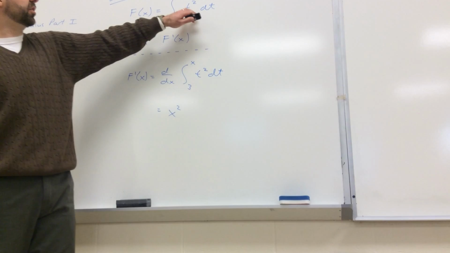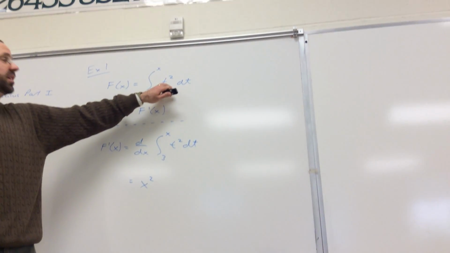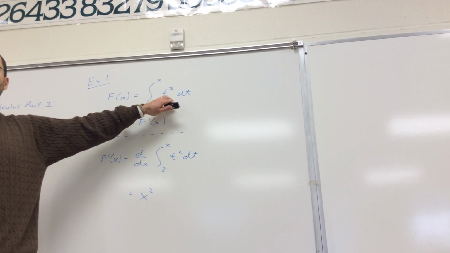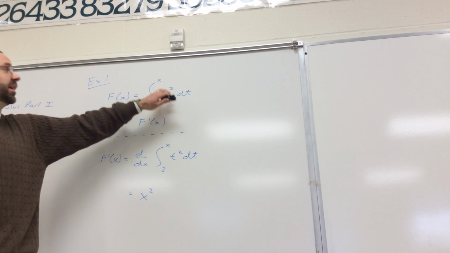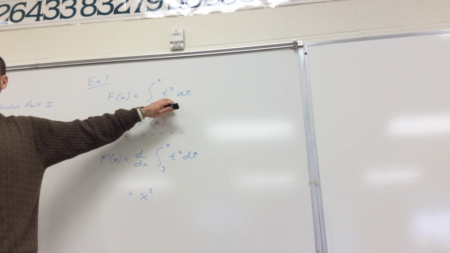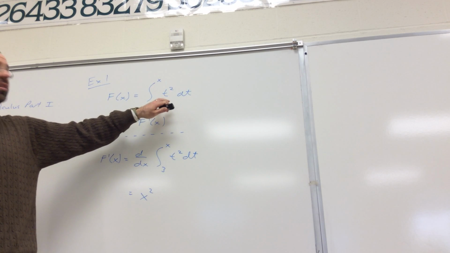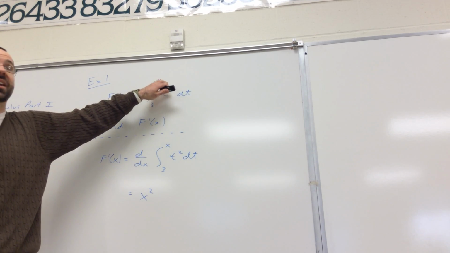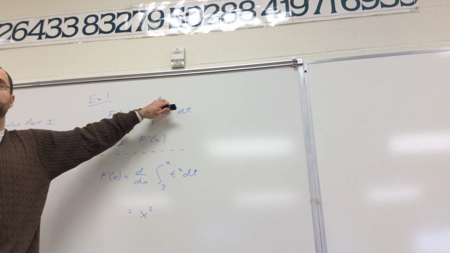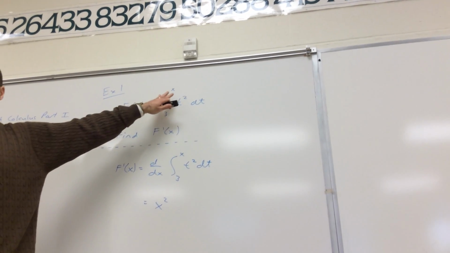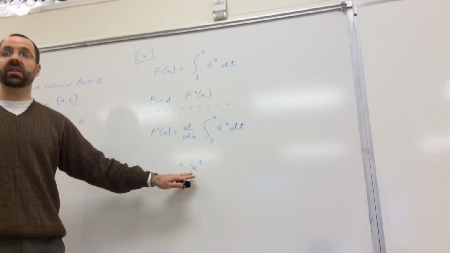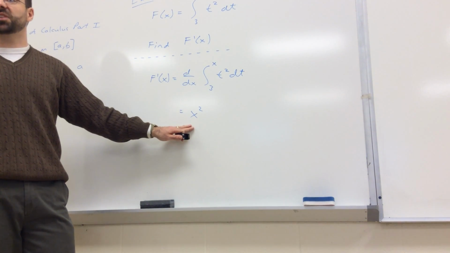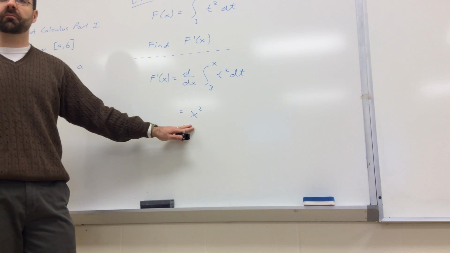The only reason these are different is because if that was an x, we might accidentally plug our number into both of those locations. So we need them to be different, so that when we plug a number into this, we just plug it there. But then, since the input for this is x, then the derivative's input needs to be x as well. That's why it's x squared instead of t squared.